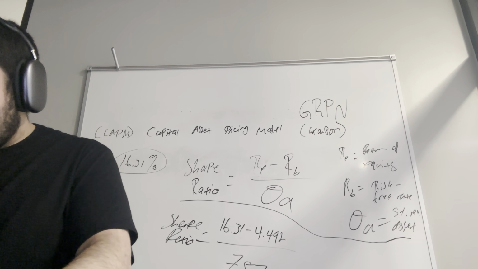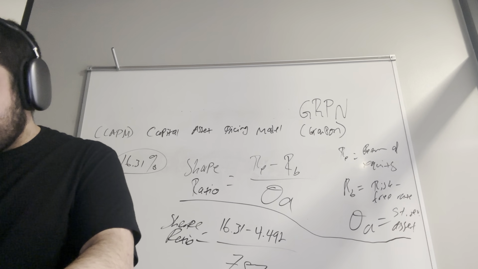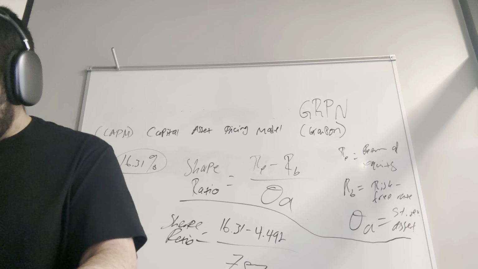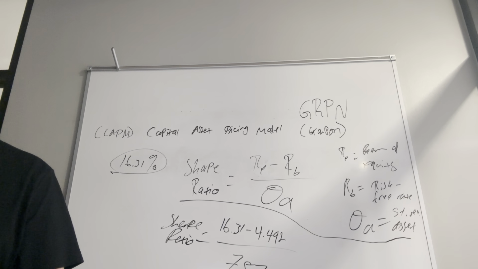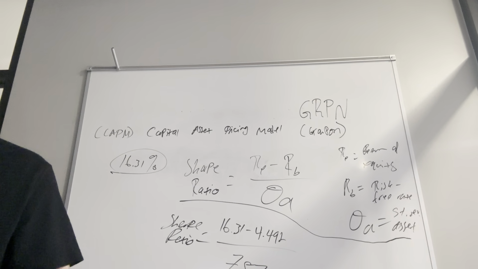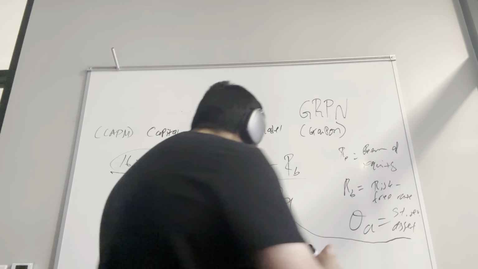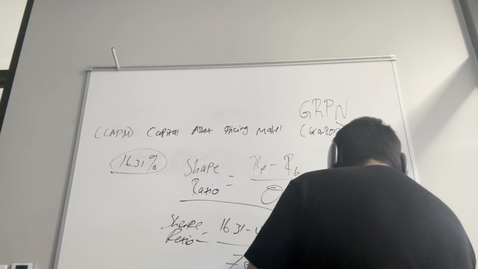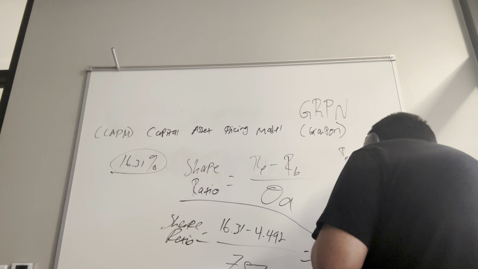and let's go to the calculator again. So we've got 16.31 minus 4.492, equals that, which is 11.818, over the standard deviation, 7.57.